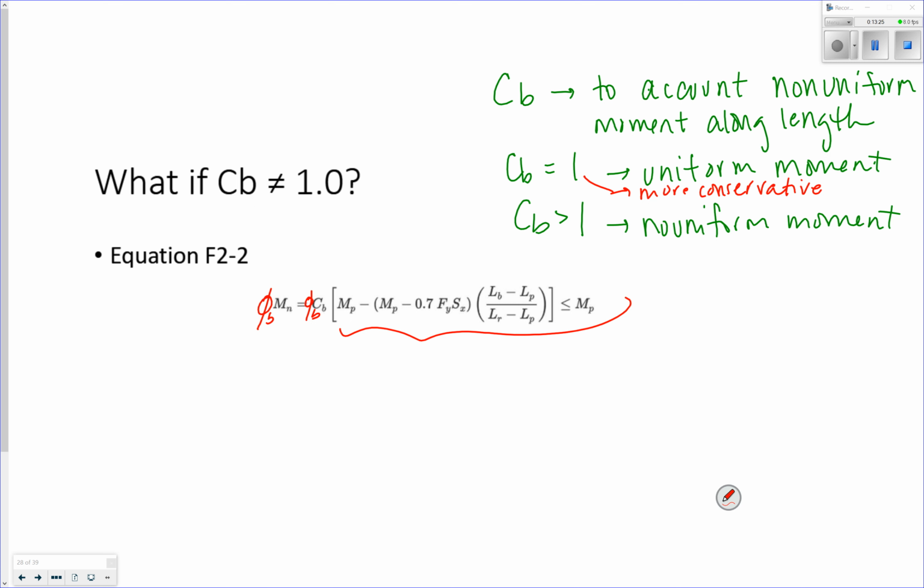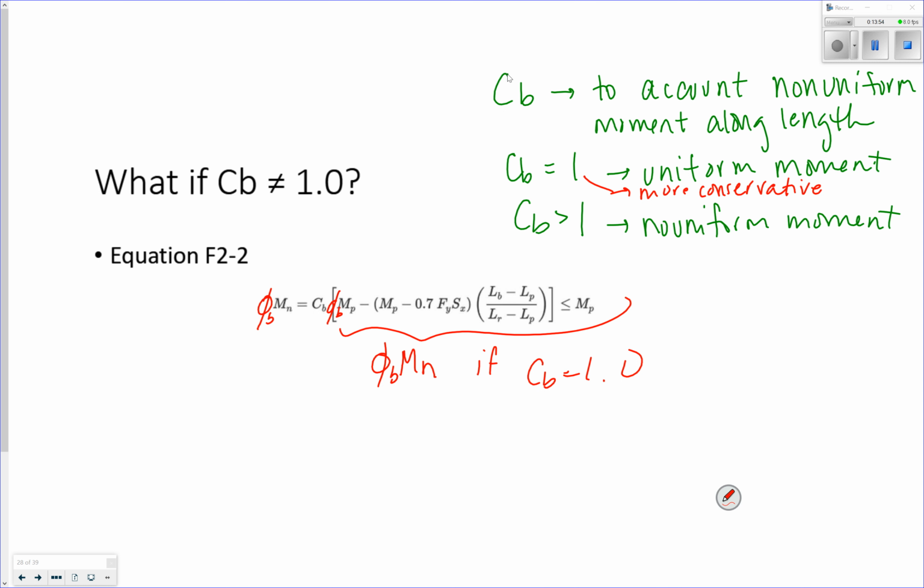Everything from the bracket on would be my Mn if I have that phi b in there, right? That would be my phi b Mn if my Cb was equal to 1, I just crossed it out, right?